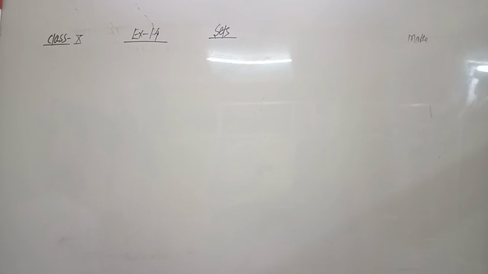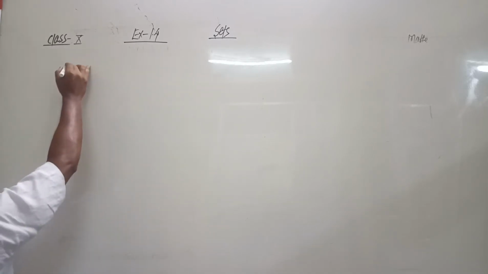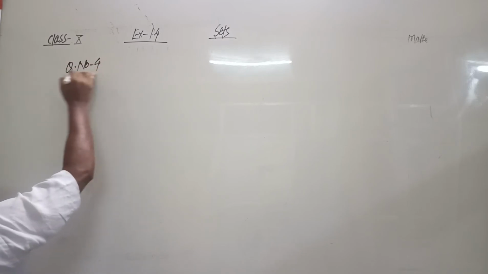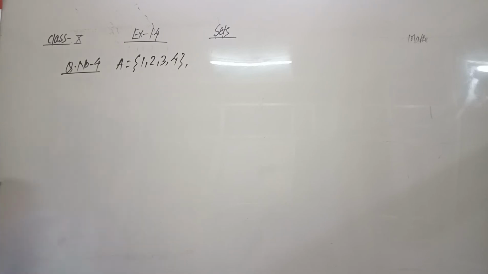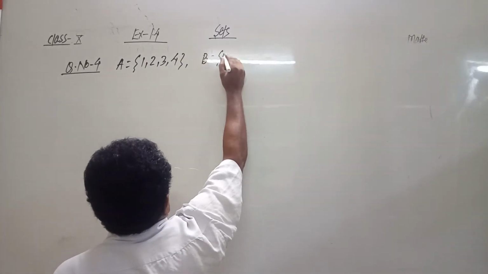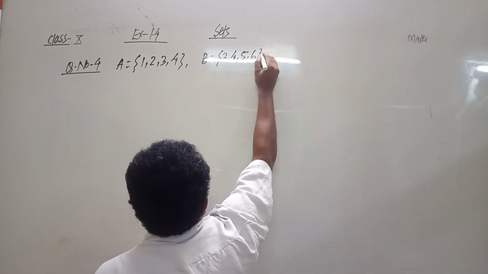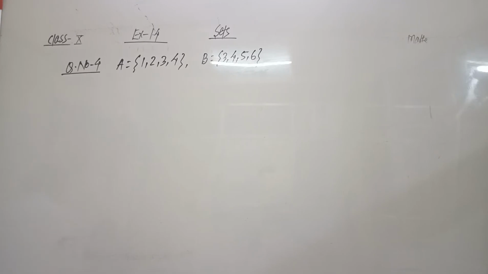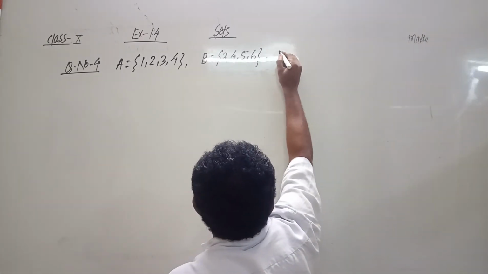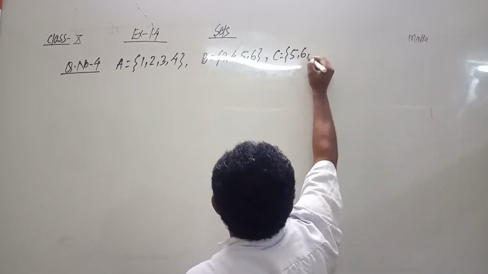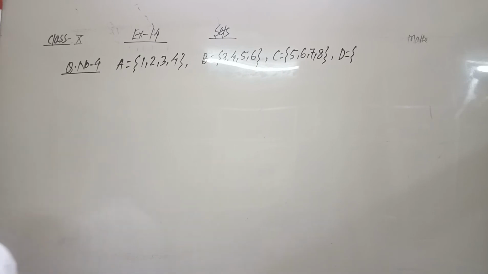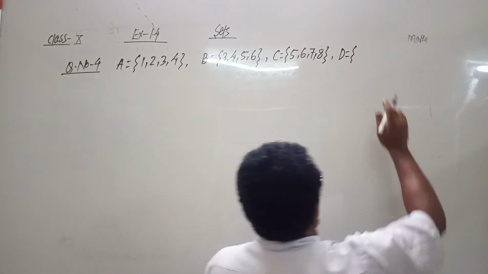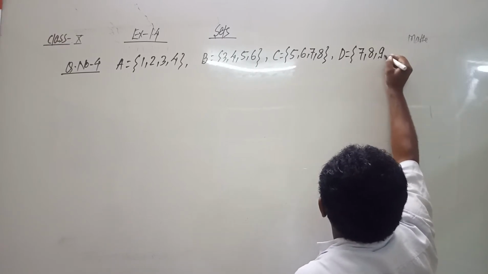Now next, question number 4. Set A equals {1, 2, 3, 4}, another set B equals {3, 4, 5, 6}, set C equals {5, 6, 7, 8}, and set D equals {7, 8, 9, 10}.